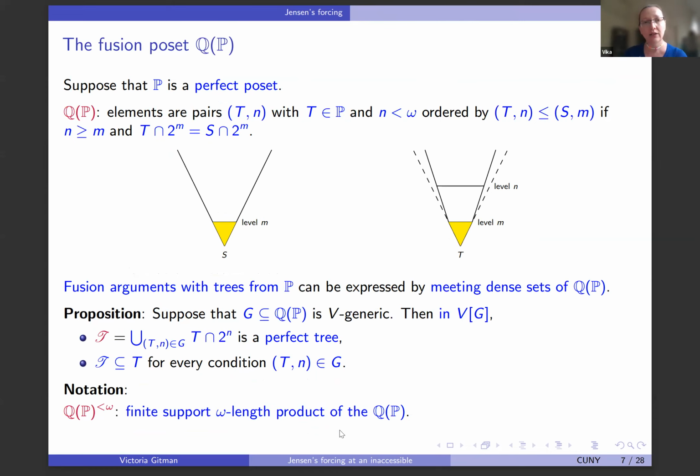The next ingredient is this notion of a fusion poset for a perfect poset.